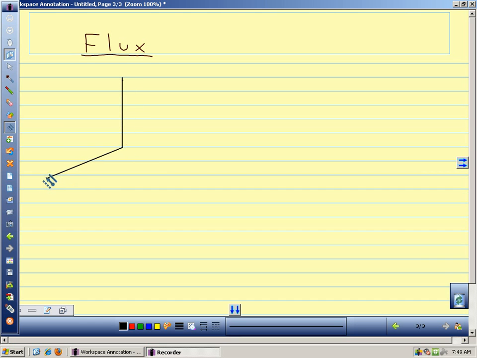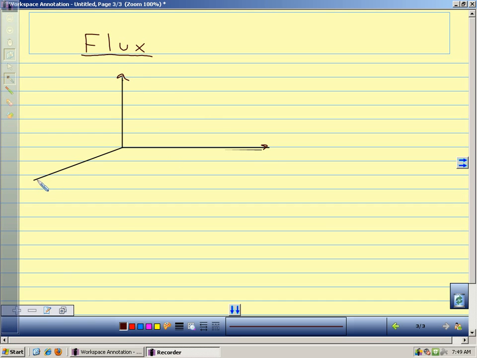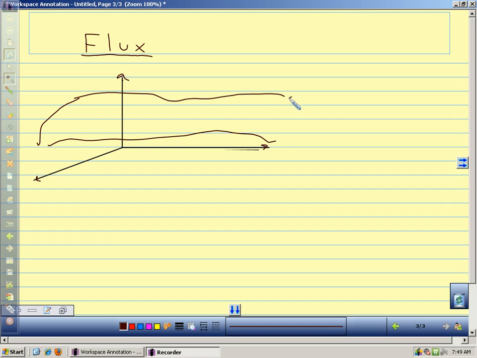So let's talk about what we mean by flux, and then we'll be ready to write our surface integral on our vector field. So here's our coordinate system, and we have some surface here. So there's our surface. And I'm going to draw a little element of area here.